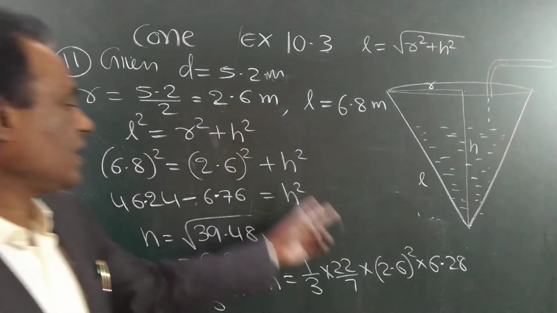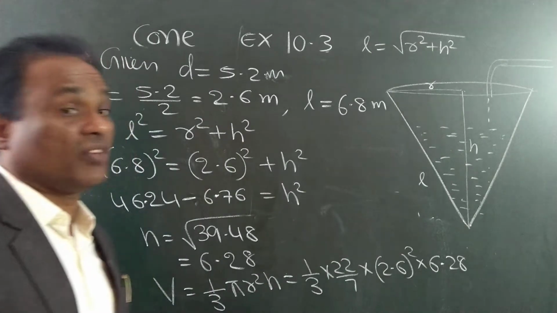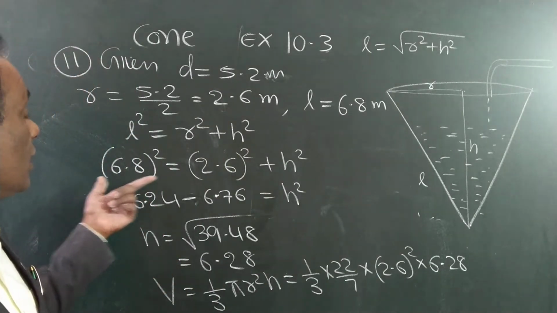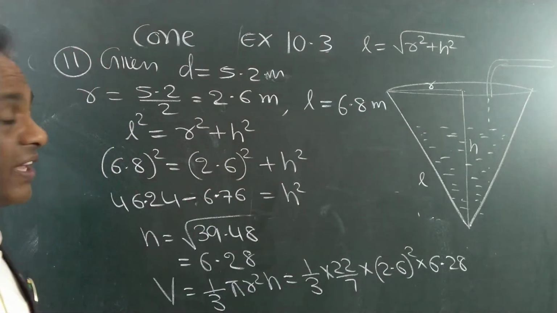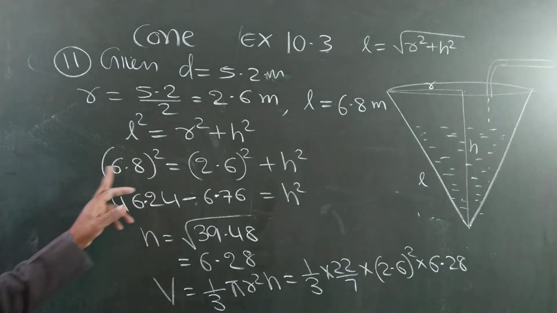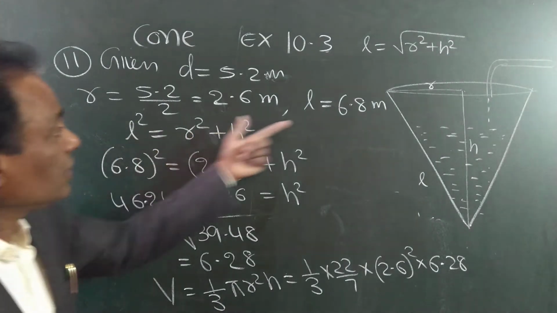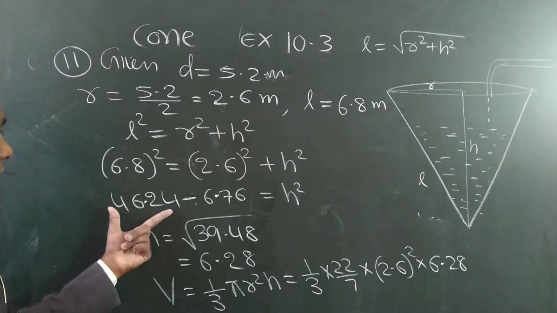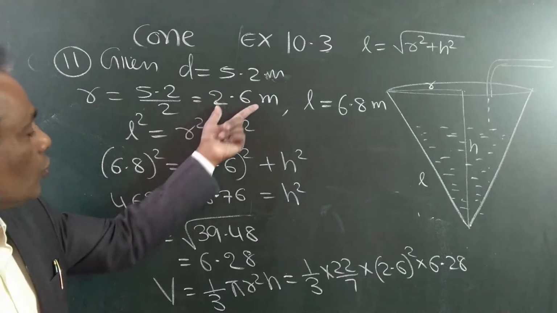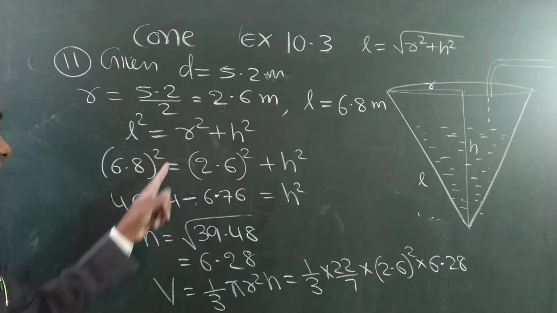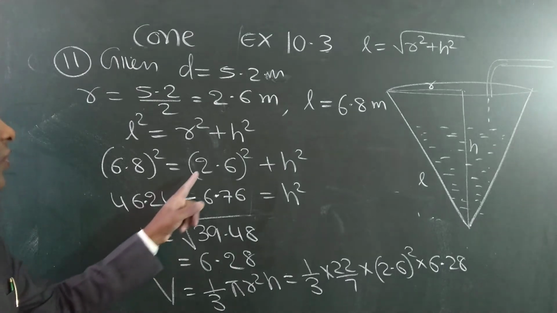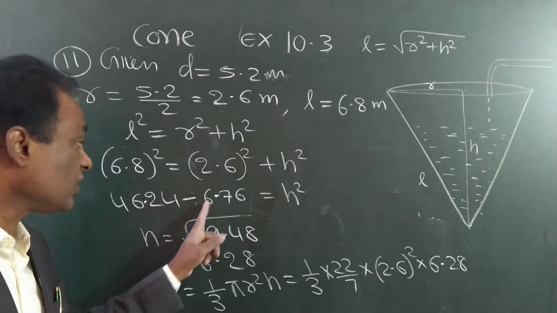R is directly given, but h is not given. So because h is not given, I calculated the h value using this formula. L 6.8 whole square, r is 2.6 whole square. 6.8 whole square is 46.24, 2.6 whole square is 6.76.